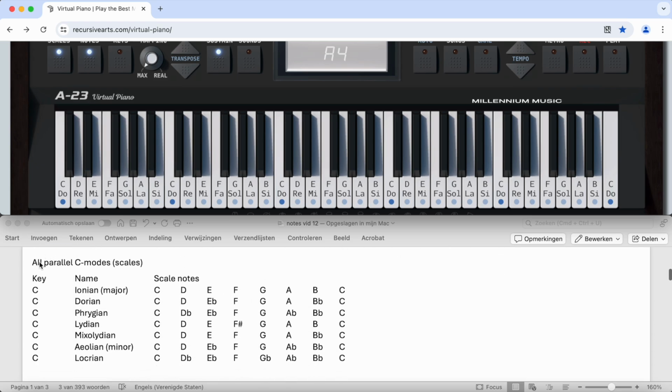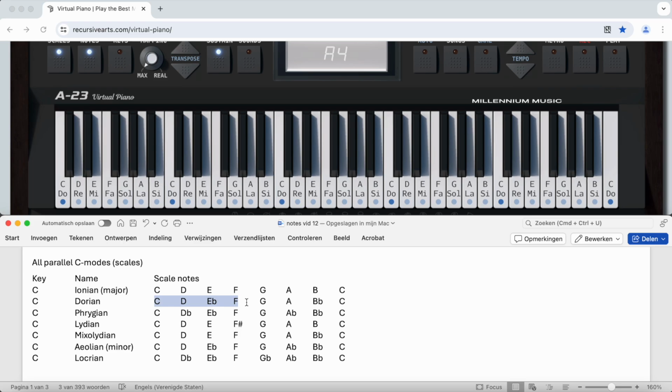But once you have put them all parallel, it's easier, because in the C Dorian scale you are singing towards the C, and in C minor you're also singing towards the C.